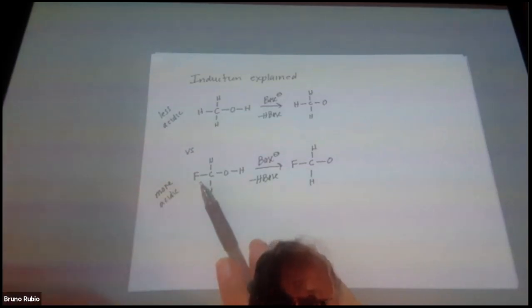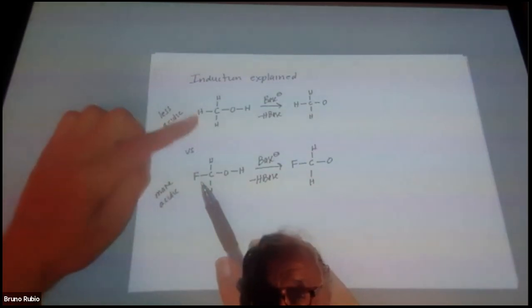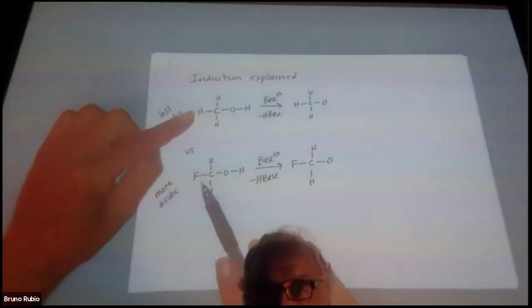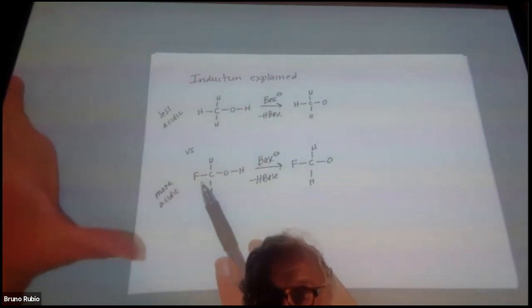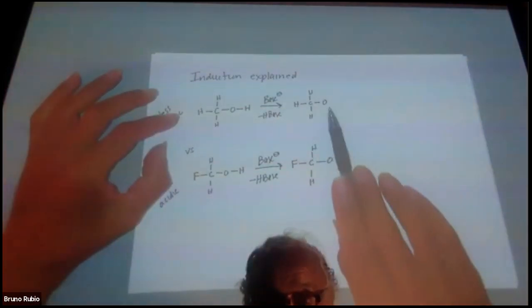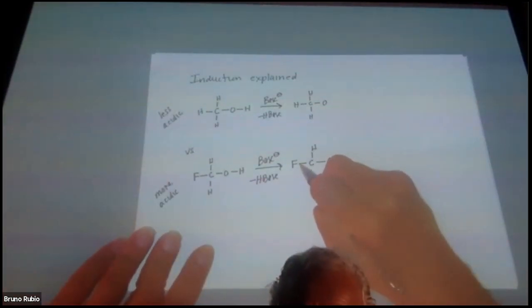Fluorine is sucking electrons away from the atoms that it's bonded to. This guy doesn't have any electron withdrawing fluorine. So there's nothing that is removing electron density from the negative charge that I'm about to write here. So see, this fluorine is withdrawing electron density.